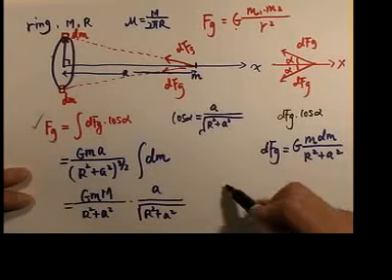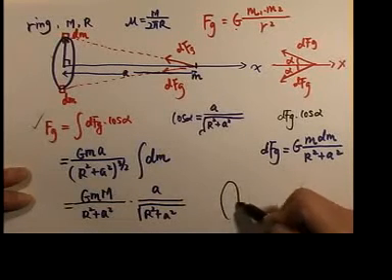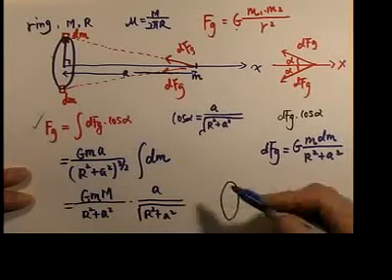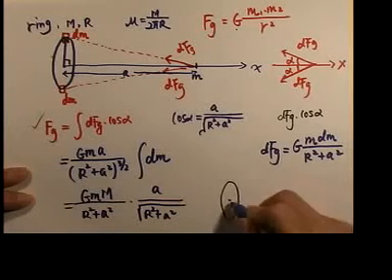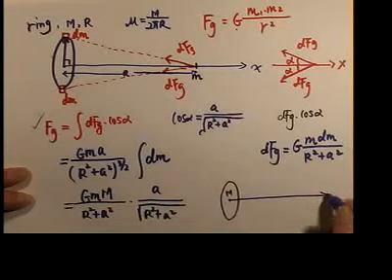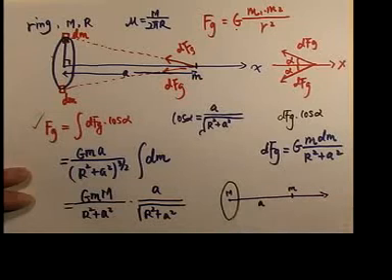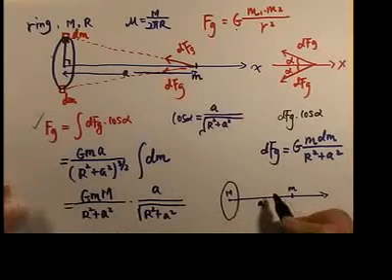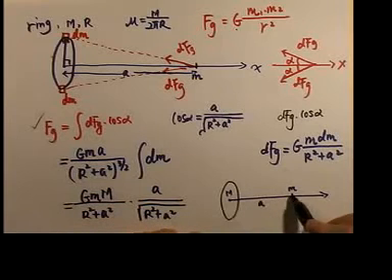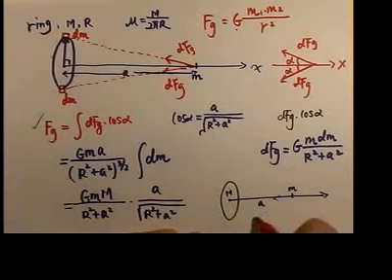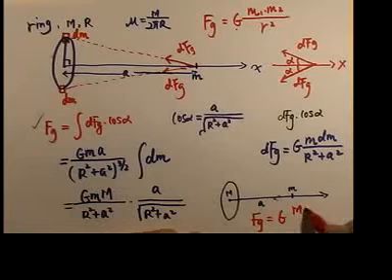Let's take a look one more time. If we mistakenly assume the mass of the ring is concentrated here, and that little m is a meters away, and we treat it this way, then the gravitational attraction between the ring and m, first of all, the direction will still be the same, but the expression will be Fg equals capital G, mass of the ring, mass of this guy, divided by a squared.